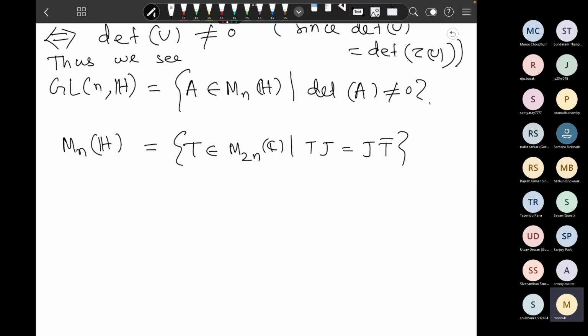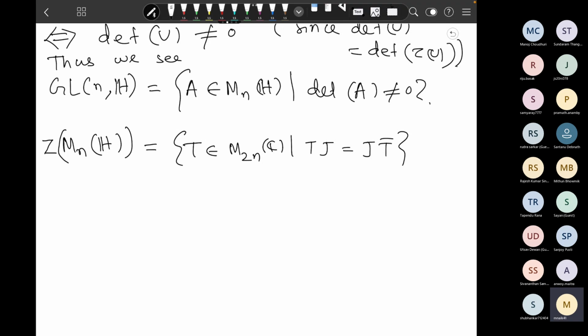But there is an identification you are using, and for that reason I am writing this as equality. To be very precise, one should write Z of MNH is equal to this set.